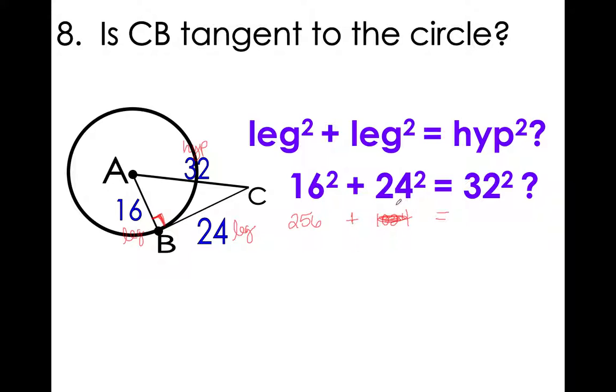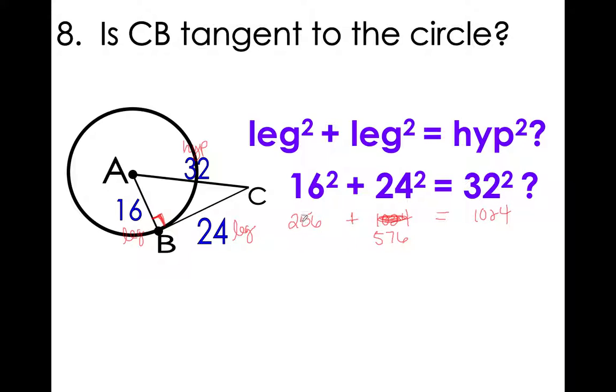That's 24 squared is, yeah, is it? No, it's 1024. No, it's not. Let me check myself. I'm sorry, everybody. Mr. Collier makes mistakes. I am human. So 24 times 24 gives me 576. And I know that 32 squared gives me 1024.